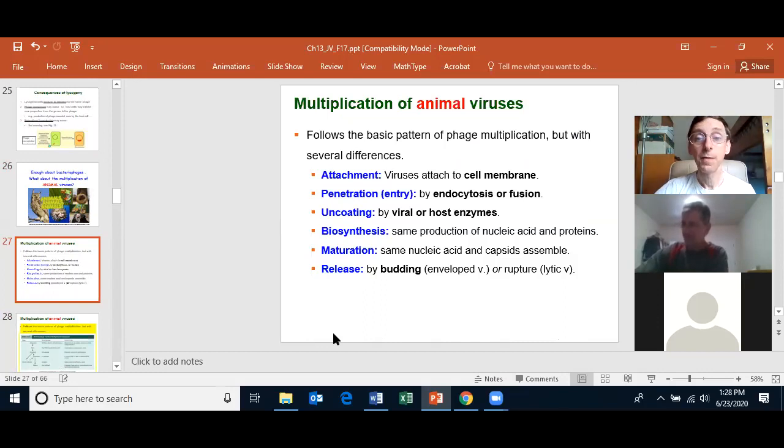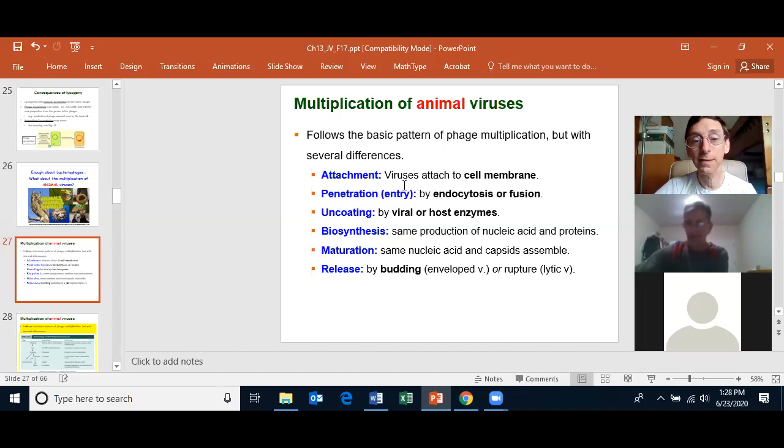For example, when viruses attach to their host cell, an animal virus doesn't attach to the cell wall because they have to attach to the cell membrane. Animals don't have a cell wall. So the attachment's a little different, but essentially it's the same.